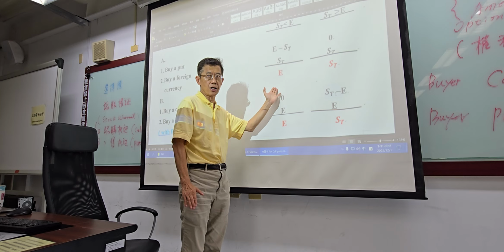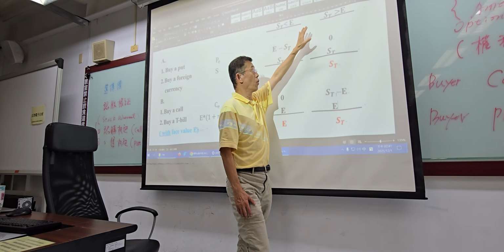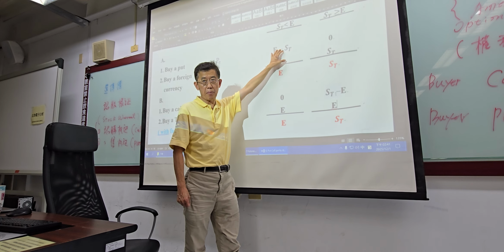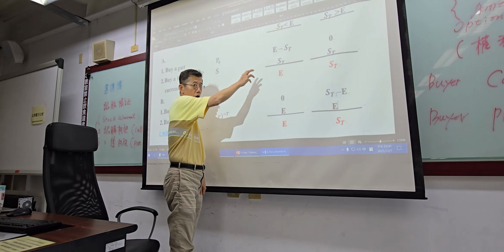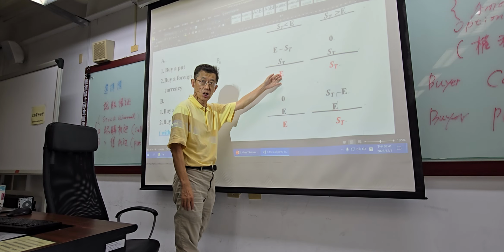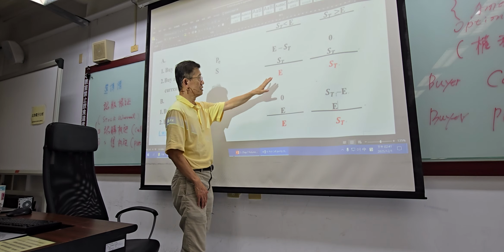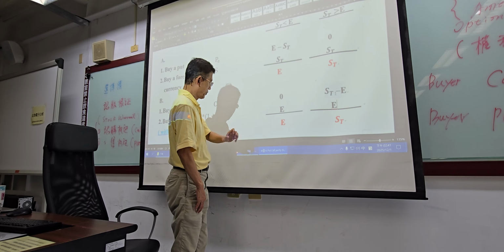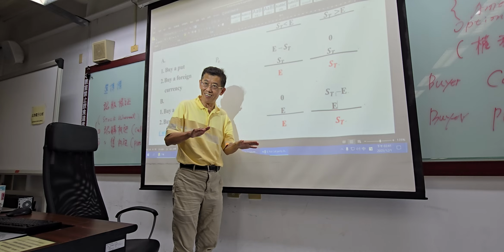No matter how low or how high the foreign currency spot price at expiration, the two portfolios will end up with the identical payoff. See? Portfolio A ends up with the payoff capital E. Portfolio B ends up with the payoff capital E. Identical, right?